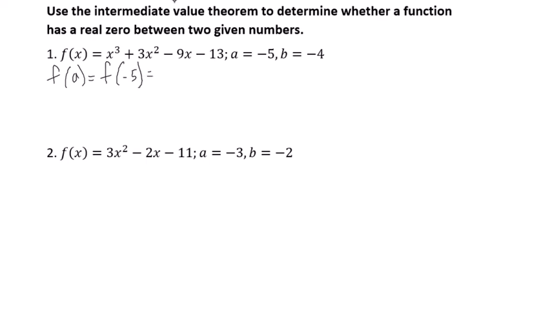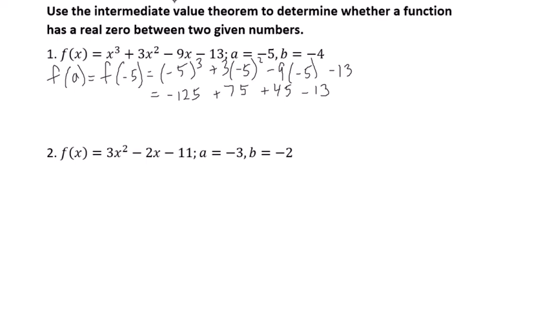When we plug that in, we get -5 to the third power, which is -125, plus 3 times -5 squared, which would be 25 times 3, which is 75, minus 9 times -5, which would be plus 45, minus 13. And let's simplify that. And we get -18.